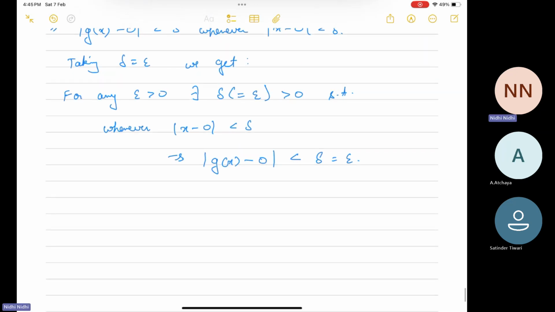That means limit x tending to 0 g(x) is equal to 0.